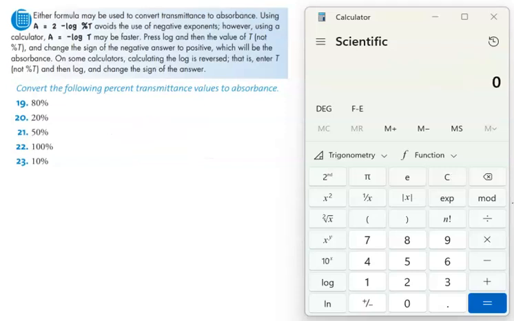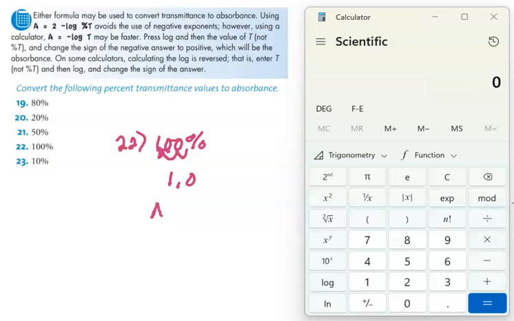Now look at number 22. We have 100% transmittance for number 22. Again, we have to change that percentage to a decimal. So we're going to move our decimal over 2 spaces, and we end up with 1.0.